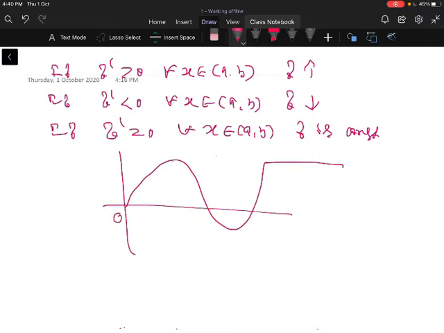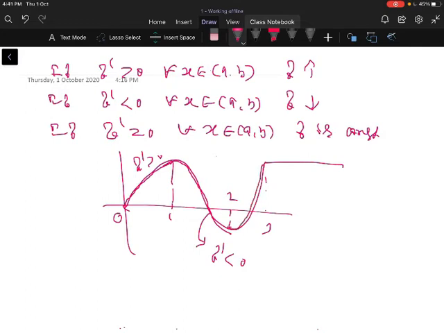So for example, this is 0, this is 1, this is 2, this is 3. For the interval 0 to 1, the curve is always increasing since f dash is positive. For the interval 1 to 2, the function is decreasing since f dash is negative.